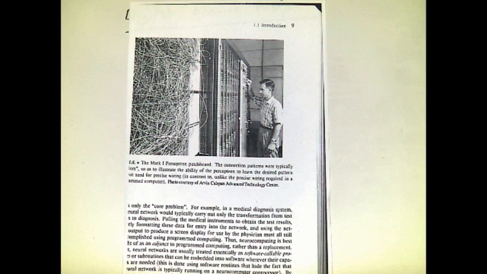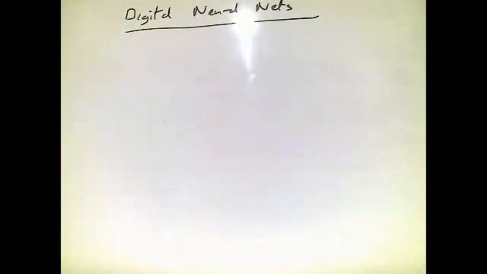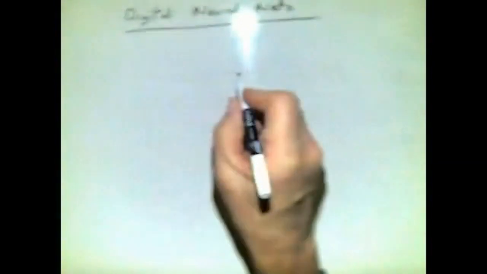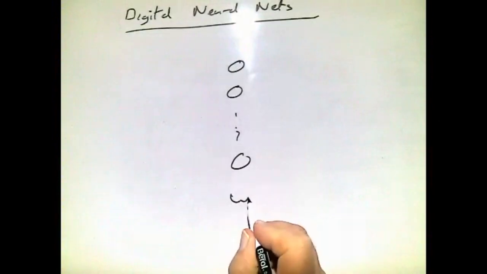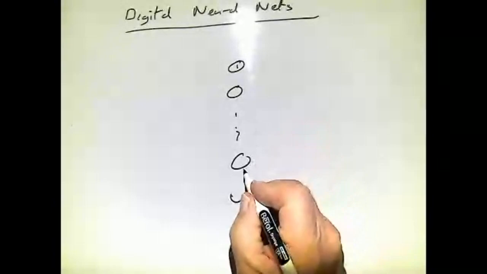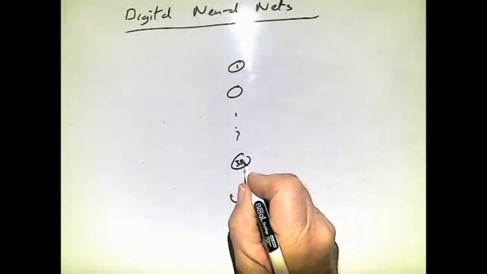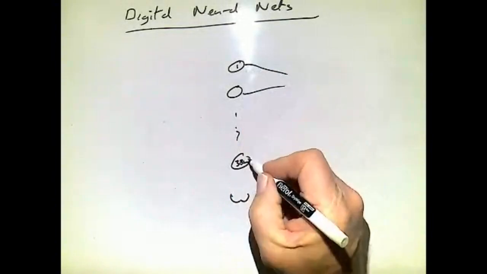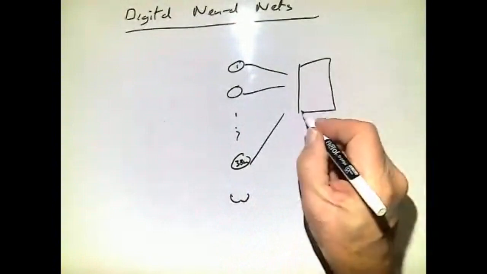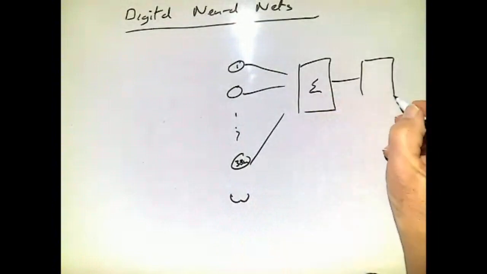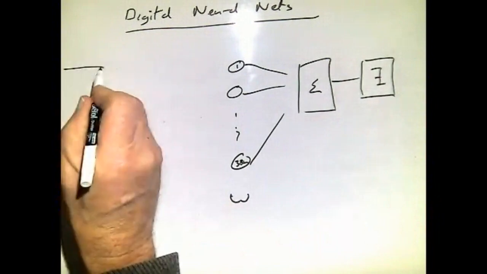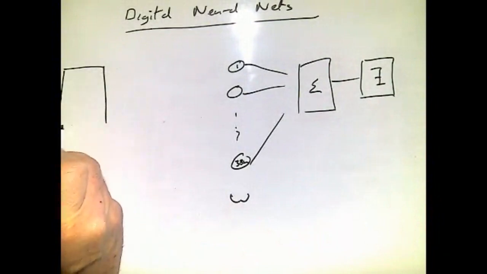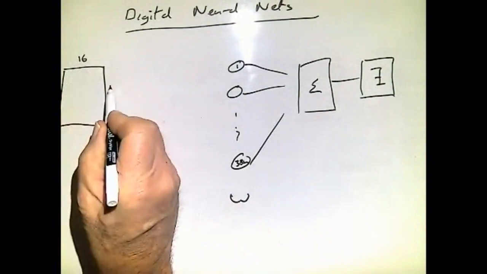So let's go away from there and get a schematic of the machine. There is your single neuron. Here are your weights. That's W, and this would be weight 1 down to weight 384. That's a big machine, all going into a summer and a threshold coming out. And we have our input picture here, where each pixel was an input, and this was 16 by 24.